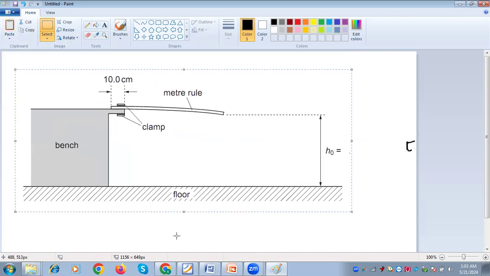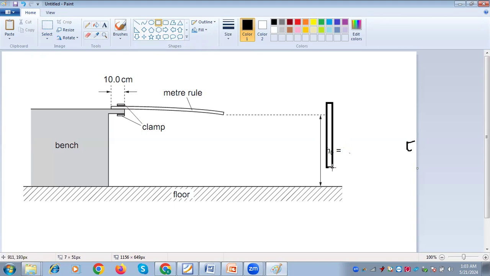To know the initial length, you will use a ruler, and to check whether the ruler is exactly in level, what should be the appropriate position? This, and your eye should be at the correct level to note down the position.